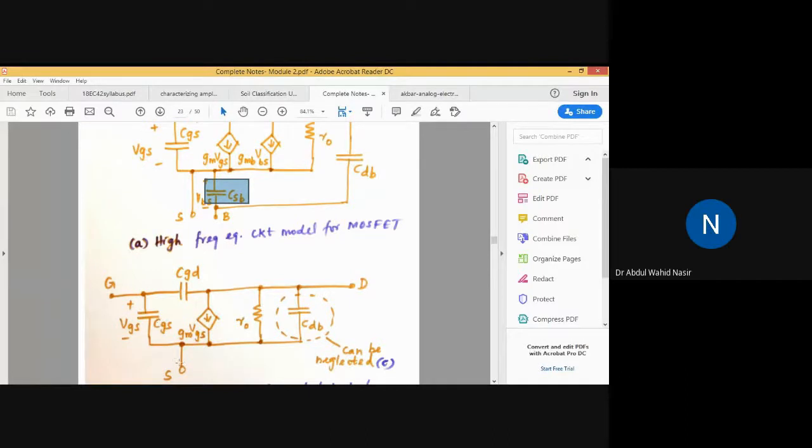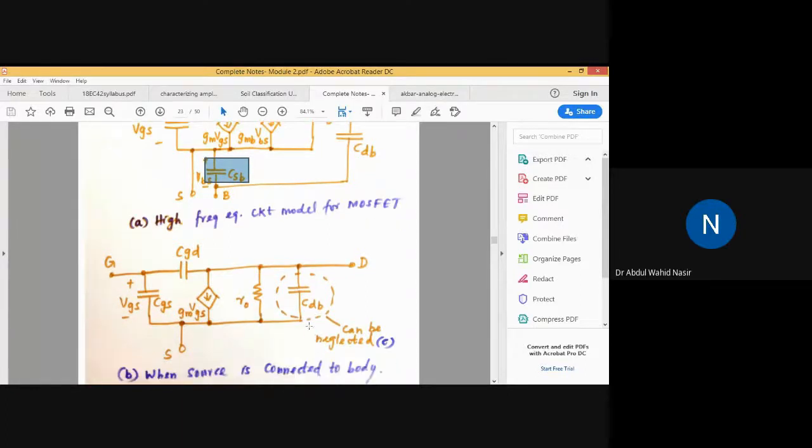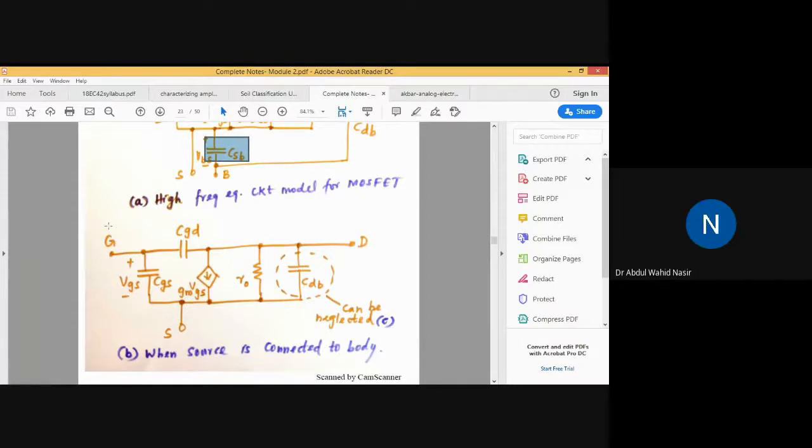Since both the B terminal and S terminal are shorted here, CSB also gets removed. So now the model is represented using three capacitances only, that is CGS, CGD, and CDB. This is the equivalent high frequency model for MOSFET when the body and source terminals are shorted, and this is the thing we are interested in.